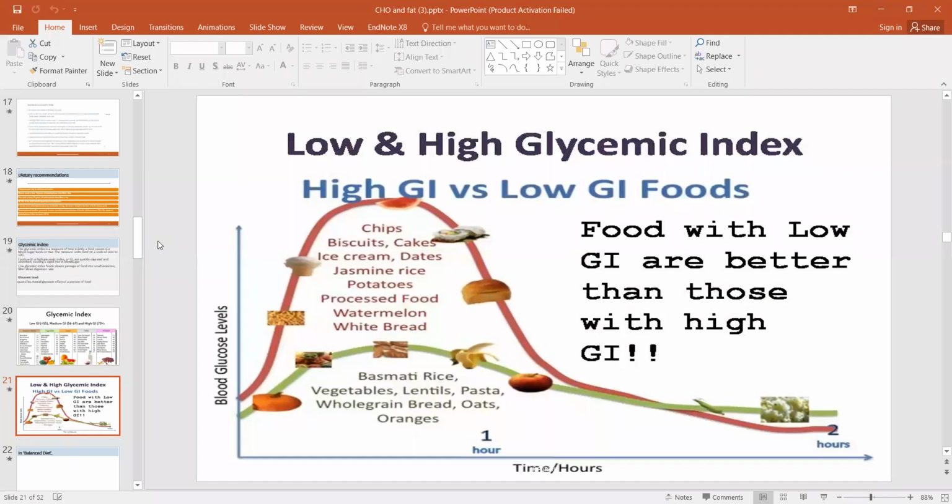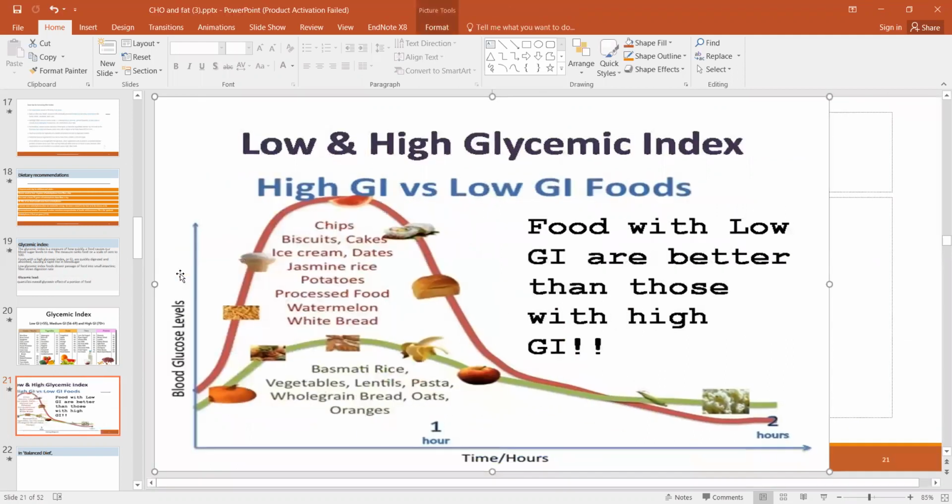Low and high glycemic index. With high glycemic index, the sugar in our blood rises for almost 2 hours. Some foods have a high glycemic index and some have a low glycemic index. Foods with a low glycemic index are better than those with a high glycemic index.